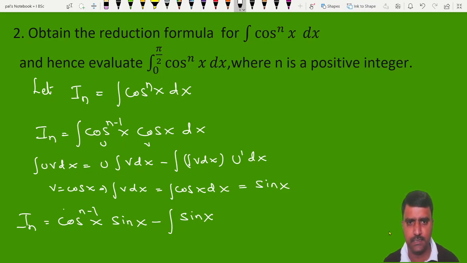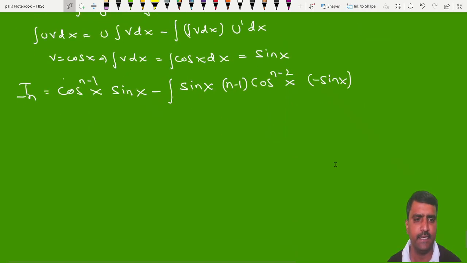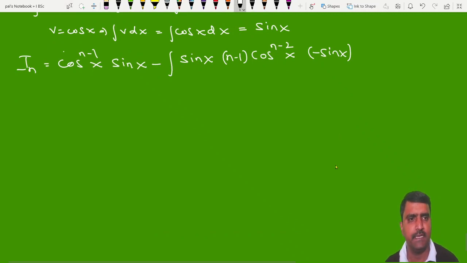Differentiation of u is n minus 1, I am differentiating its power, so you take n minus 1 into cos to the power n minus 1 minus 1, that is n minus 2 x. Again, differentiation of cos x is minus sin x into dx.